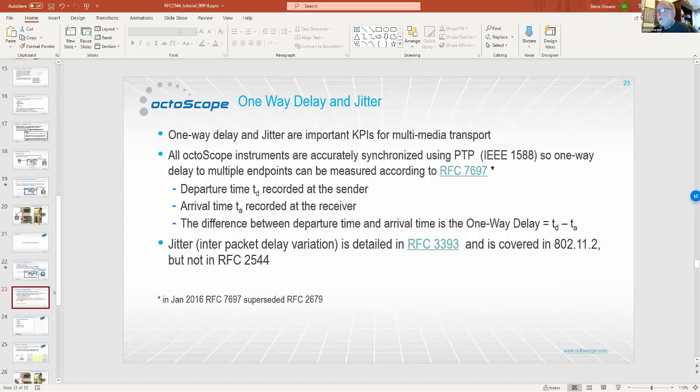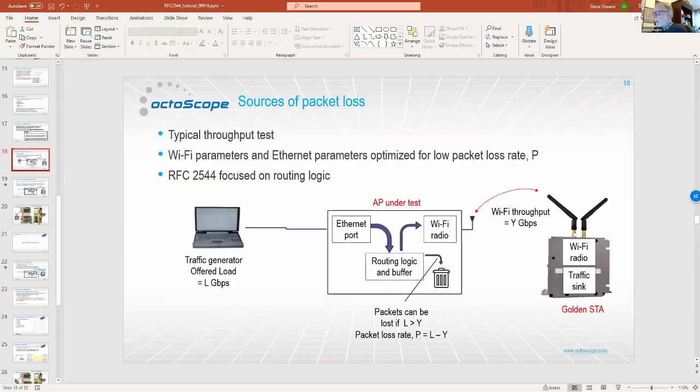While we're doing that, Steve, sorry, quick question. Sure. The question is whether the NIC card buffer plays any role in the packet loss. Yes, indeed, it does. That's really part of what we talk about when we discuss the routing logic and the buffer.